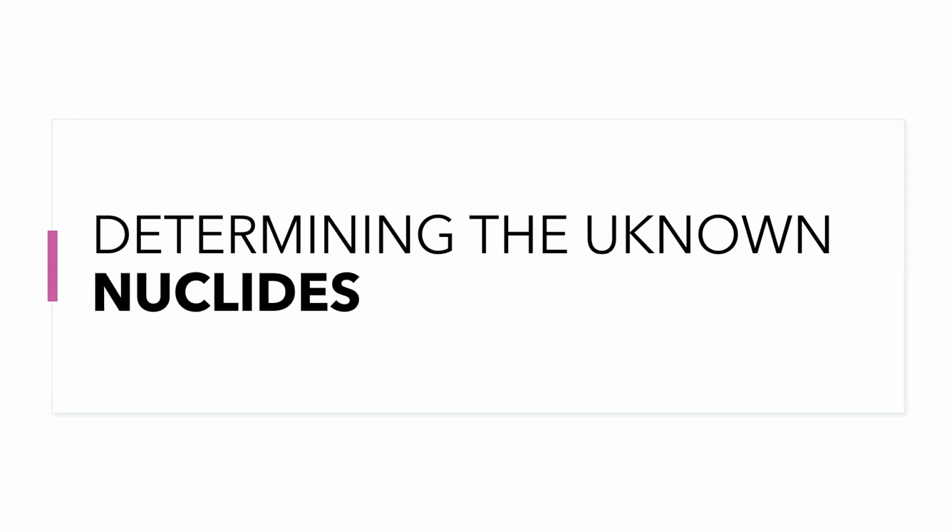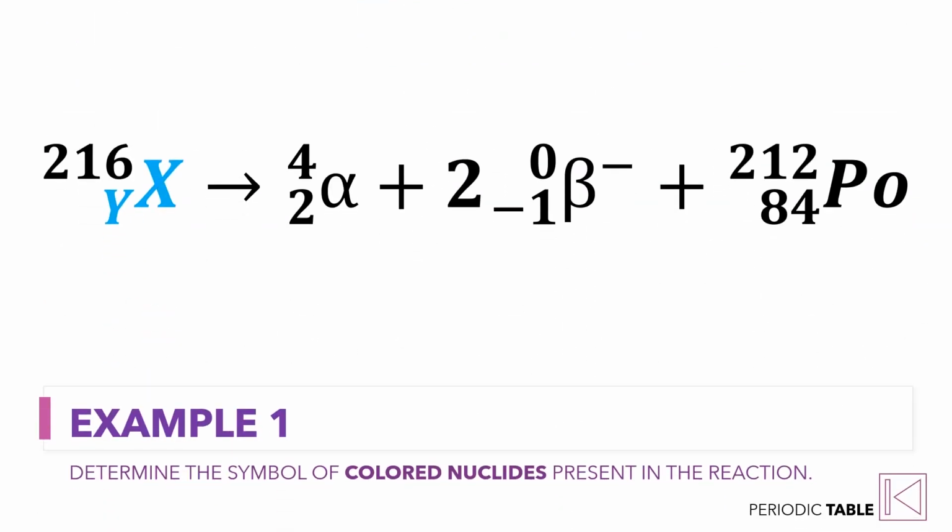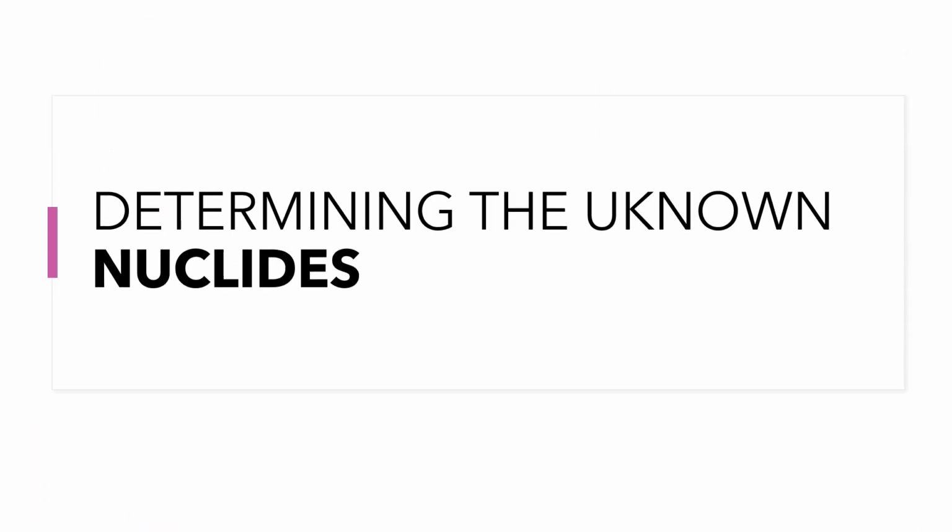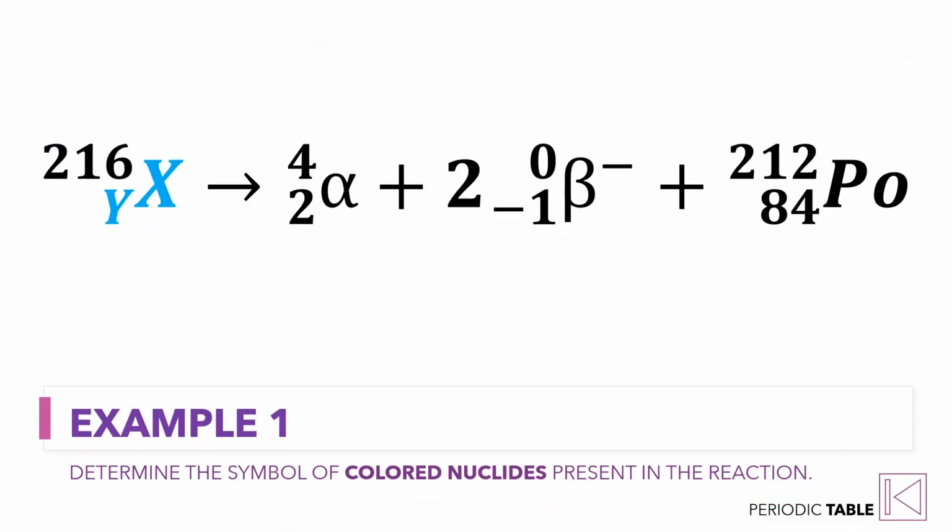So next, another set of problems. We have determining unknown nuclei. This one is pretty much easier because we need to know the atomic number of that. What we are asked to solve is determining the unknown, meaning we need to know the symbol, or what type of nuclei that is. It's easy. So how can we get to this?